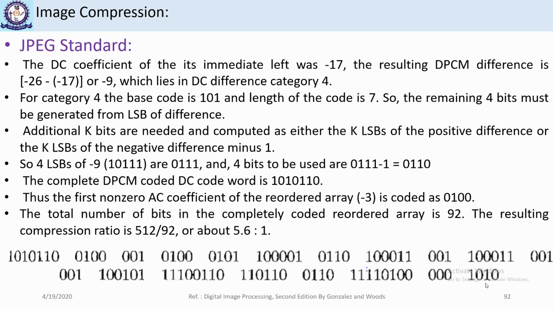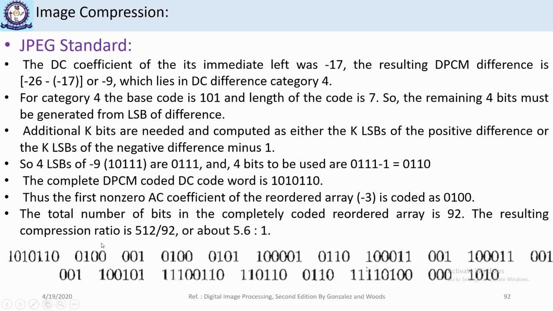Now, the number of bits used to represent this 8 cross 8 subimage is 92. So the compression ratio will be 512 divided by 92. How do we get 512? Since we have this 8 cross 8 block, the total number of pixels is 64, and since it is a gray image, each pixel is represented by 8 bits.